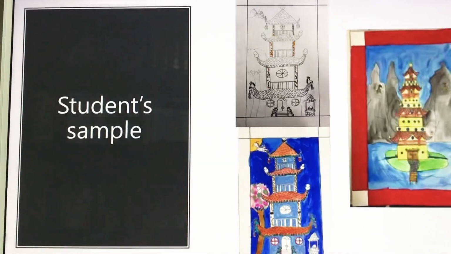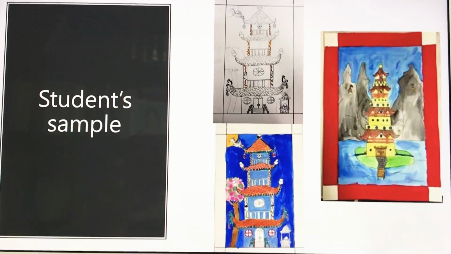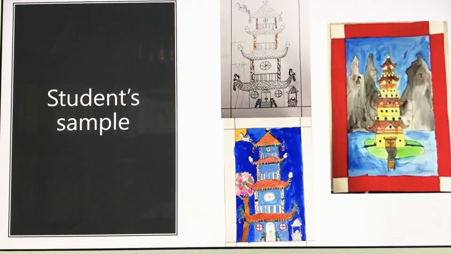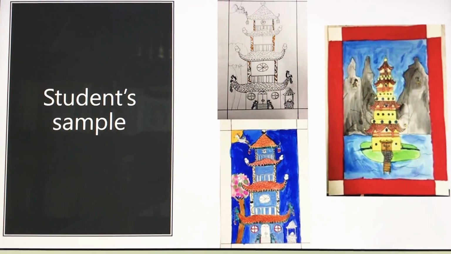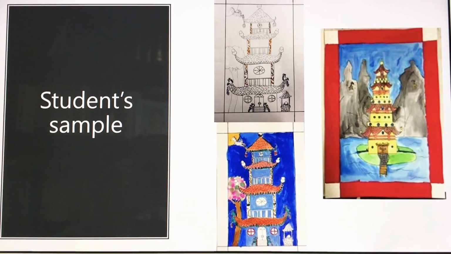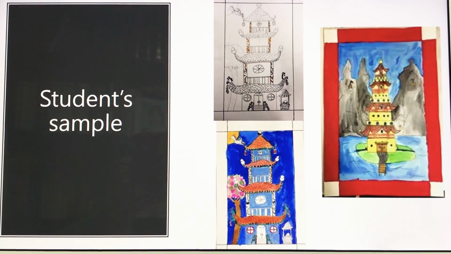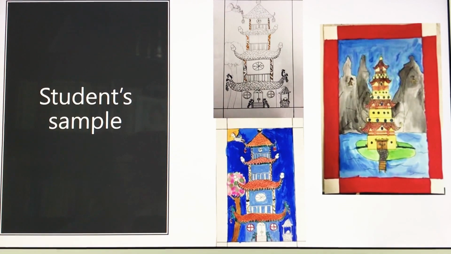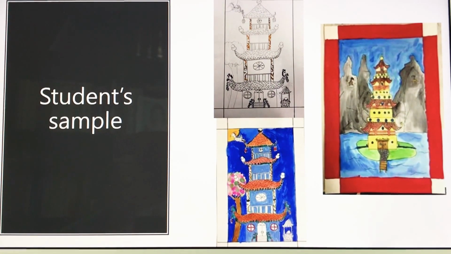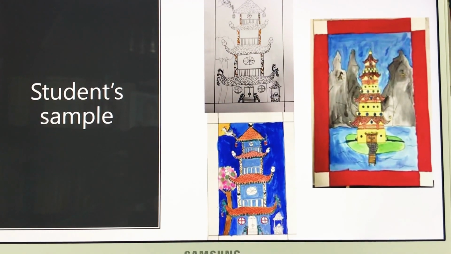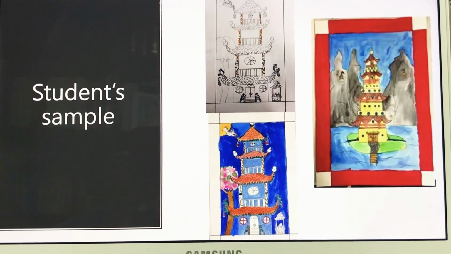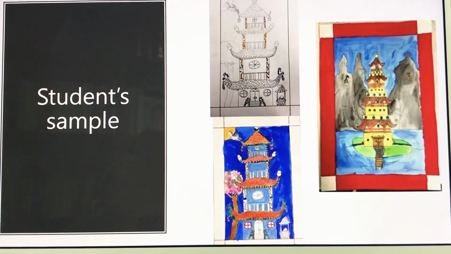Before we start working on it next week, this is the student sample. I found it on Google, and it is one of the good examples. Maybe you can skim it and see what we are going to do in the next step. You probably see the one on the top there.